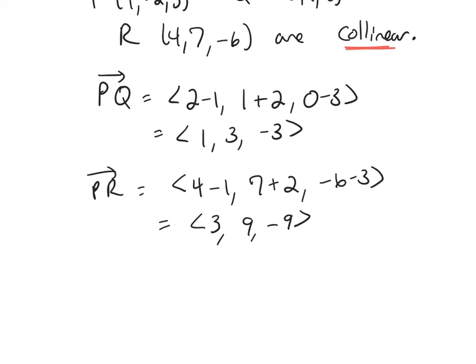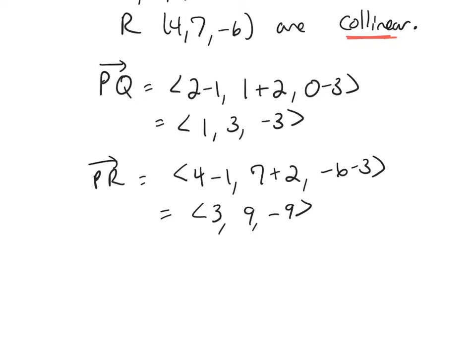Now let's think about these two vectors that I have here. They involve all of my points, and if I notice, these two vectors have a common initial point. So I have P and Q, and then if I want them to be collinear, they all lie on a straight line, here's PR.